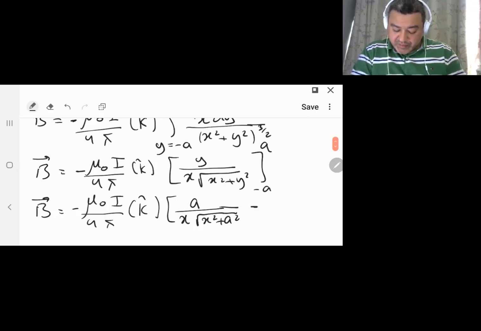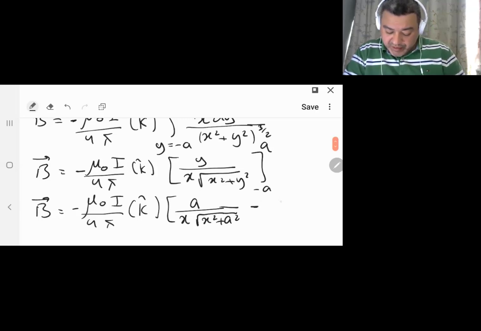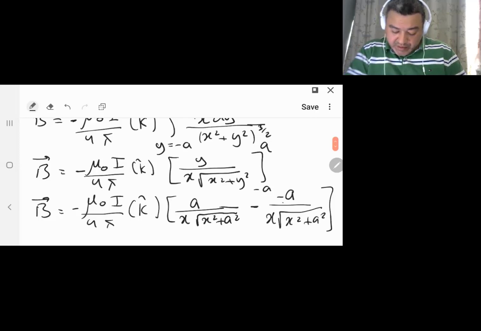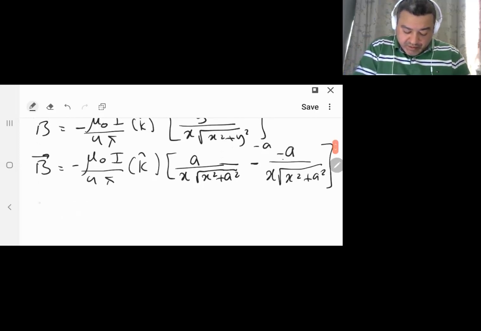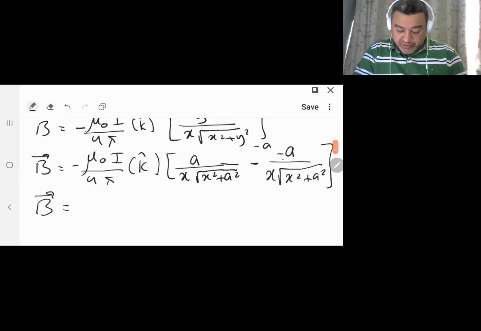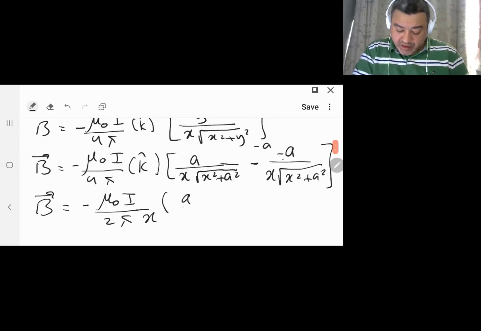minus, up there is going to give me minus a over x squared plus a squared, then B equals minus mu naught I over 2 pi, take the x outside, for a over x squared plus a squared k hat.